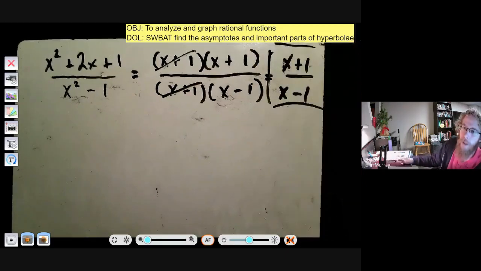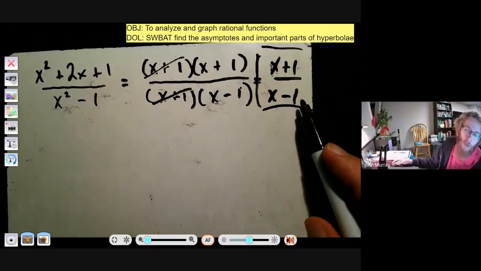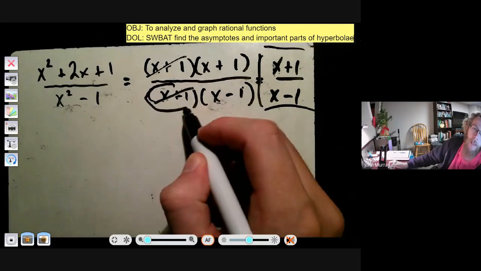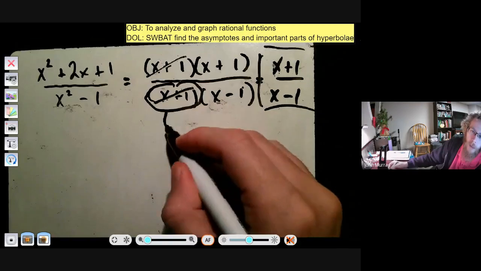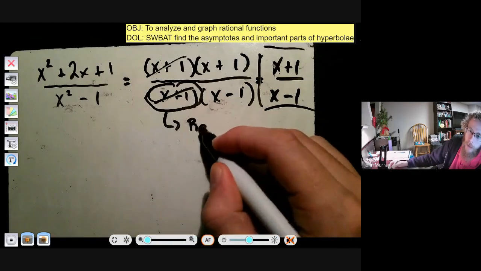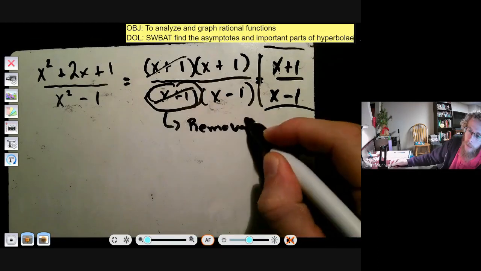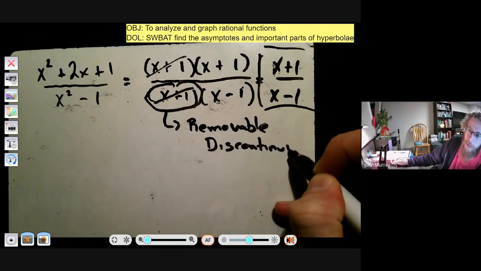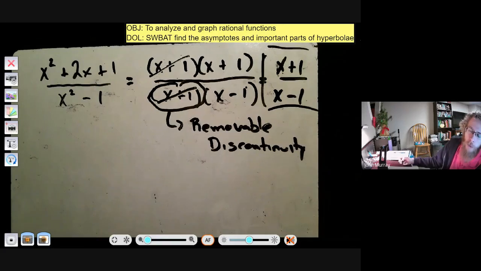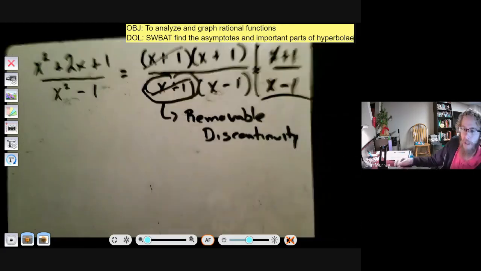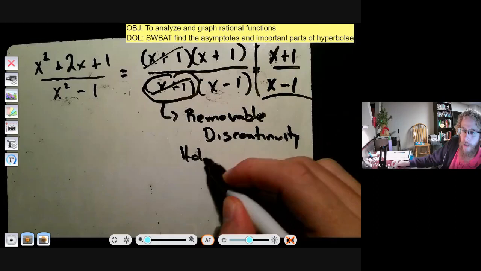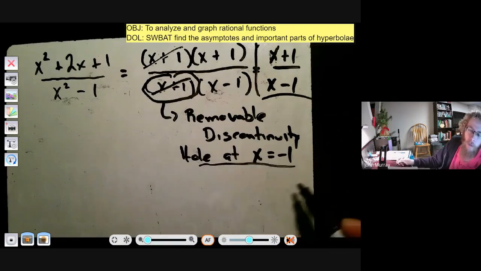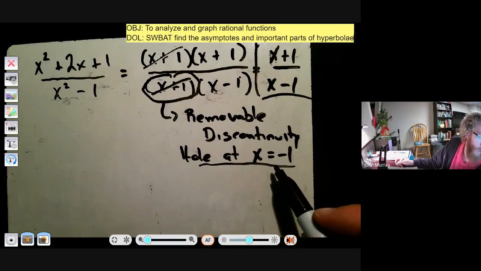Okay, so remember, we are taking this into consideration when we answer our questions. Now, I can't forget that this was here. Anytime we remove anything, it's a removable discontinuity. So that tells us that we have a hole at x equals -1.